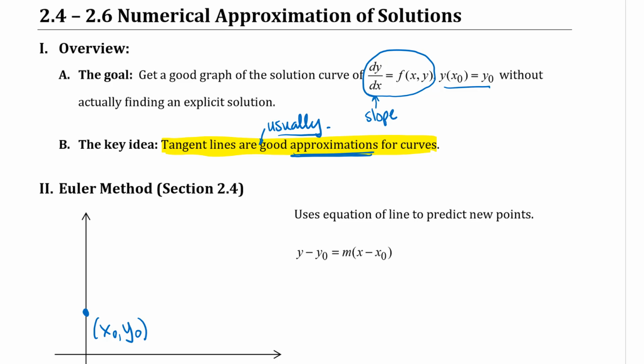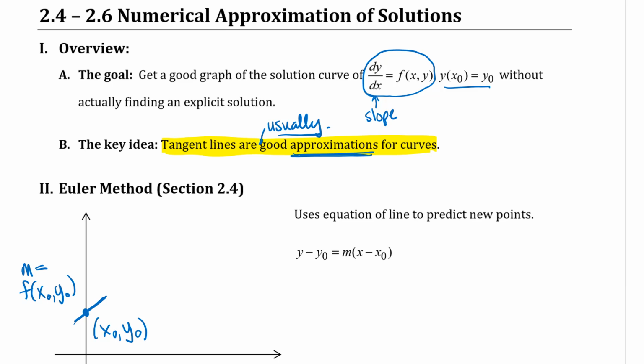And so if I put that point, (x0, y0), into my differential equation, I'm going to get a slope that is the right-hand side of the differential equation evaluated at that point. That'll give me a slope of a tangent line through that point. So I'm just going to draw a little tangent line through that point with some particular slope.